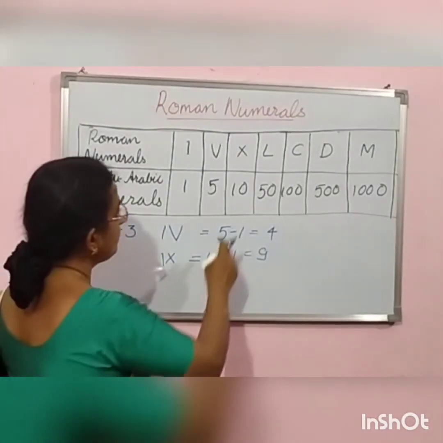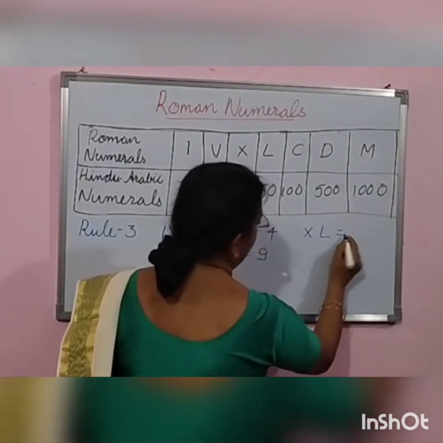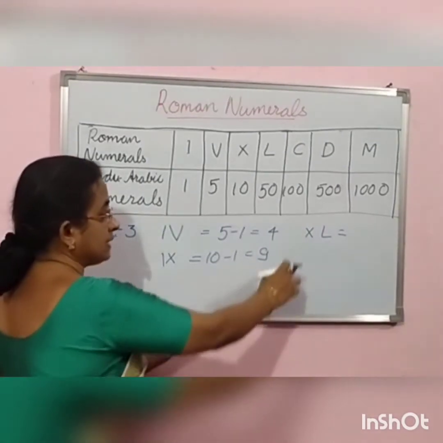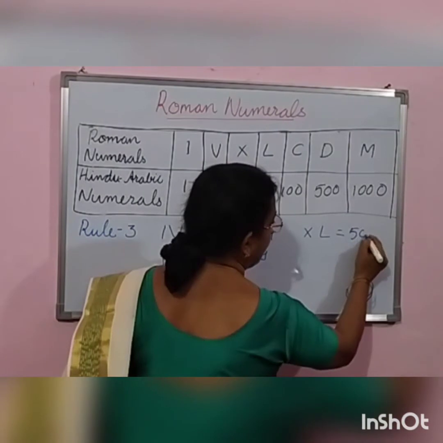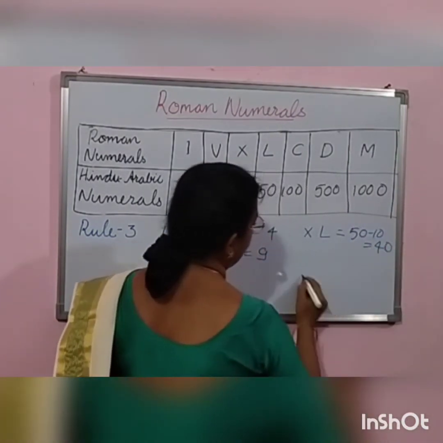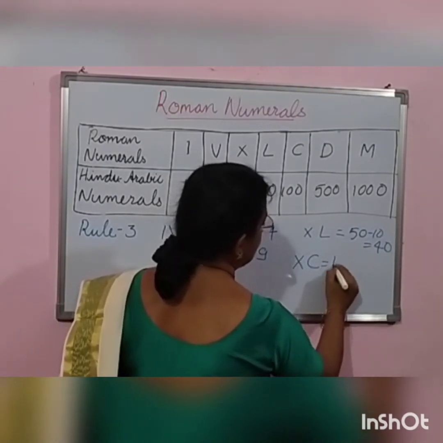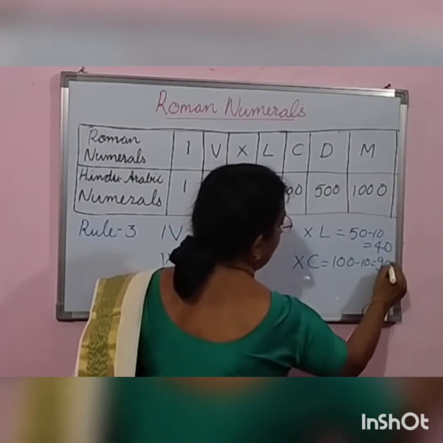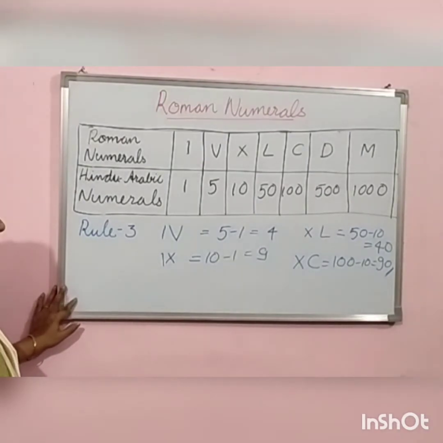Next, XL: X before L. X is smaller than L. X is 10, L is 50. Then X is smaller than L, so 50 minus 10 equal to 40. XC is 100 minus 10 equal to 90.